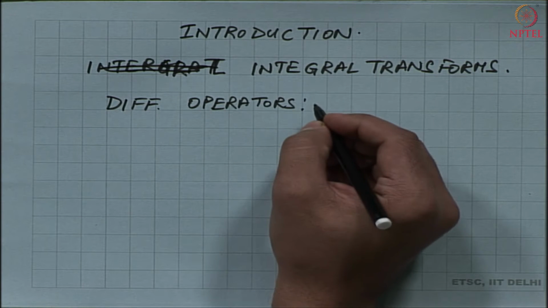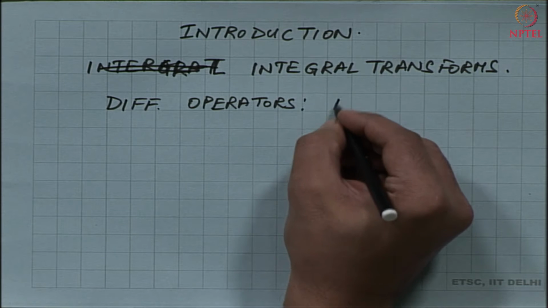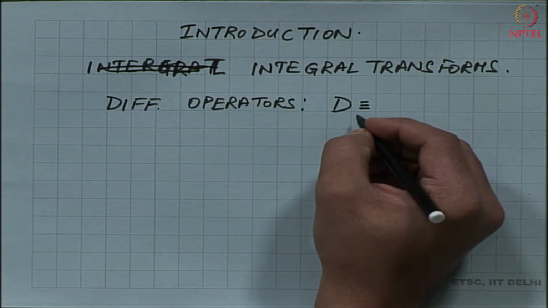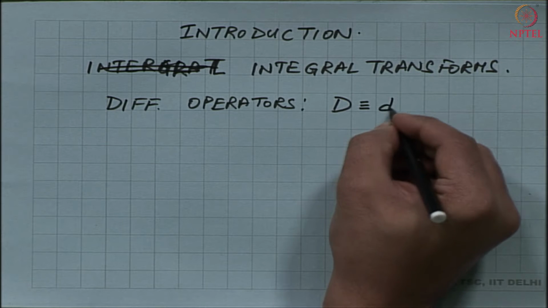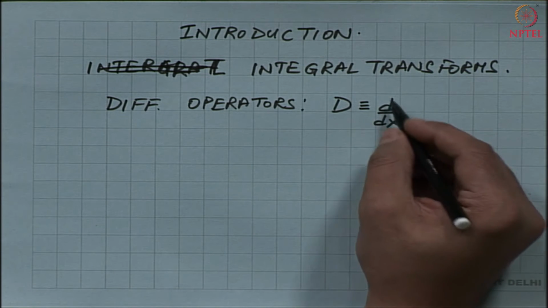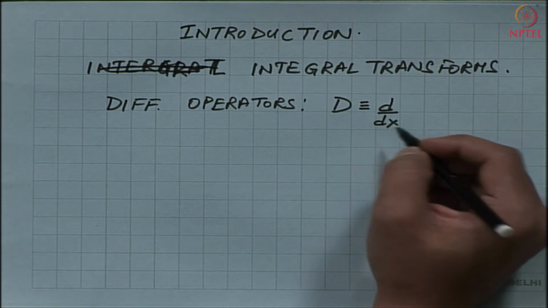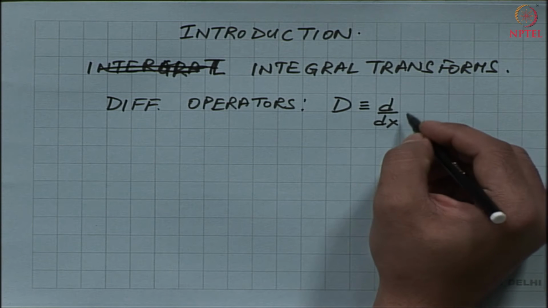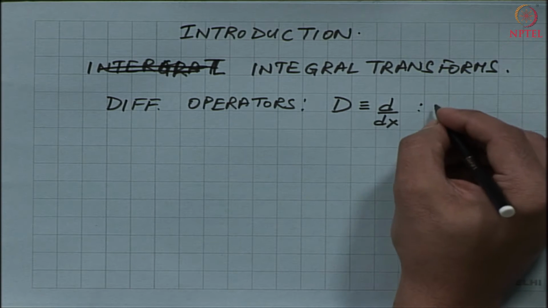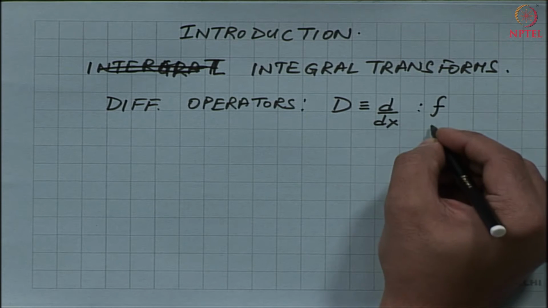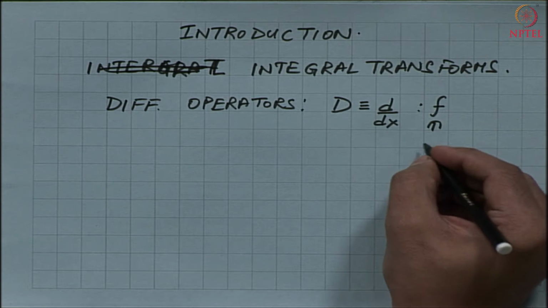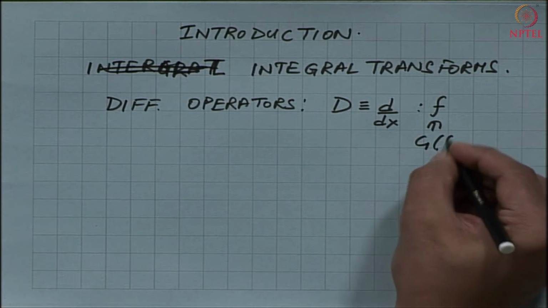The differential operators, I denote it by this letter D, and D is denoted to be this following operator, which we call as the d/dx. So, when we operate this operator, it is operated on a function f, which is coming from the space of C1.